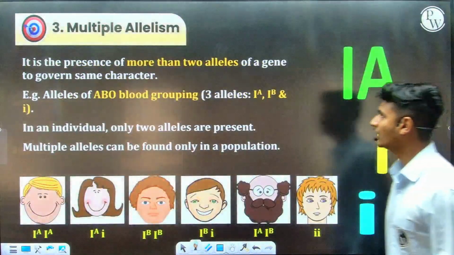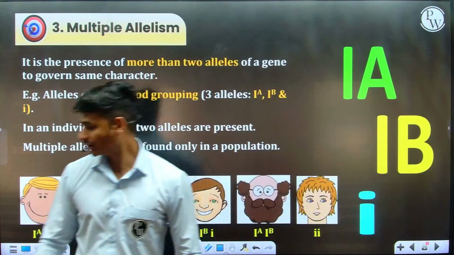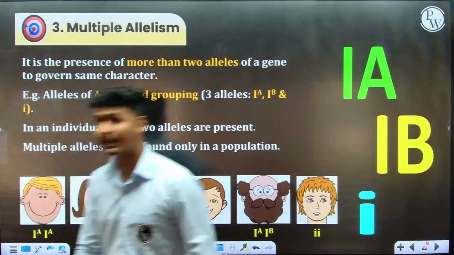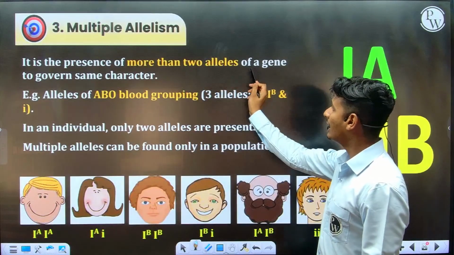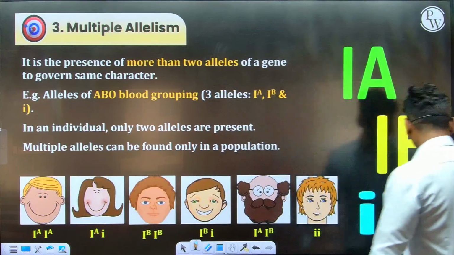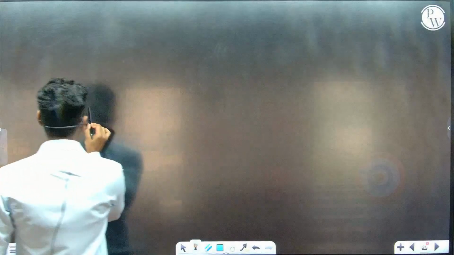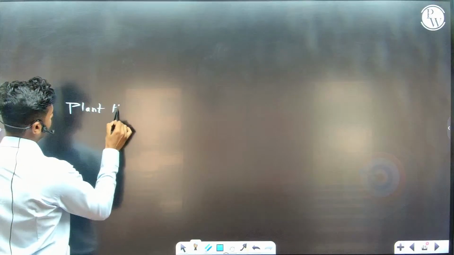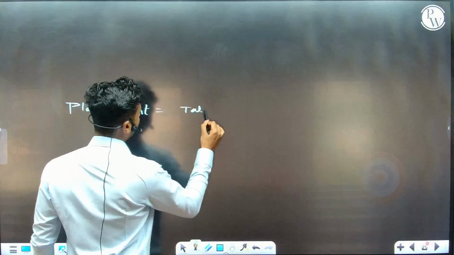Now, third concept, multiple allele. It is the presence of more than two alleles of a gene. Till that time, if the character is tallness or plant height, we say tall or dwarf.